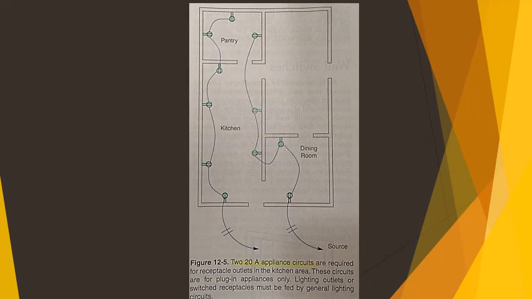Keep in mind not only lighting and receptacle load considerations, but also all future calculations for proper wire ampacities. See the NEC table 310.15(B)(16). Very important table. 310.15(B)(16).